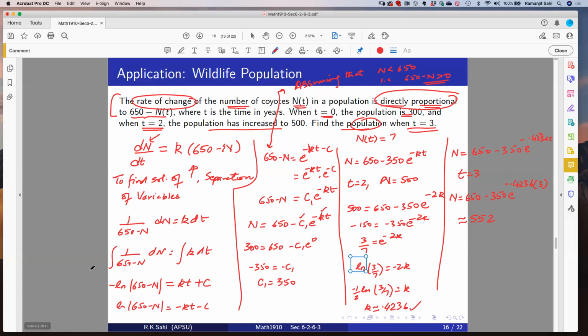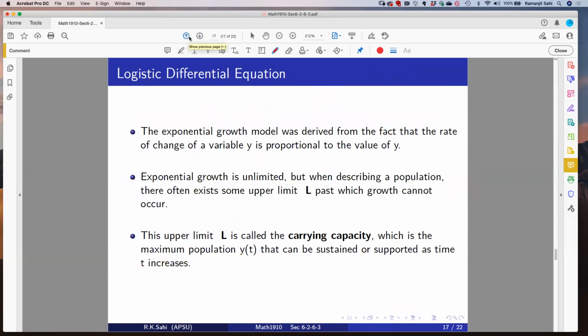Okay, now what we have been doing till now was our exponential growth models. Now notice, in our exponential growth model, we are saying that the rate of change of the variable y is proportional to the value of y.